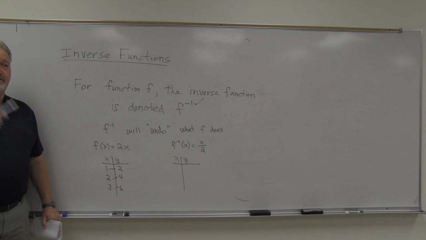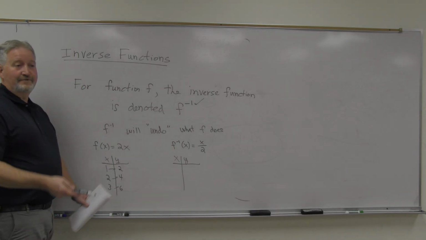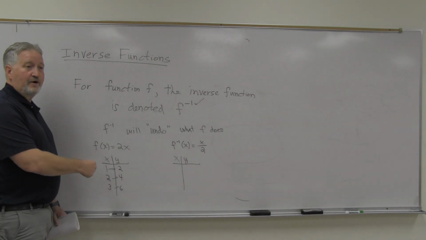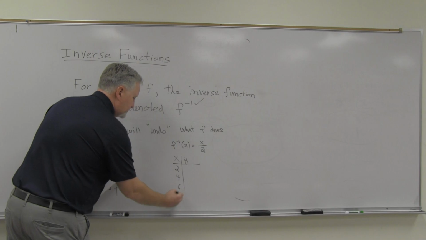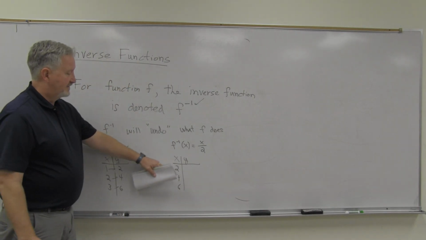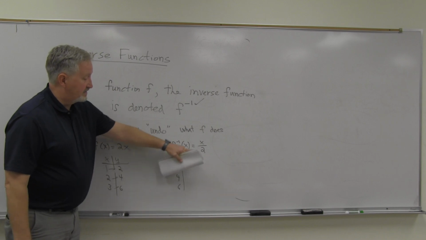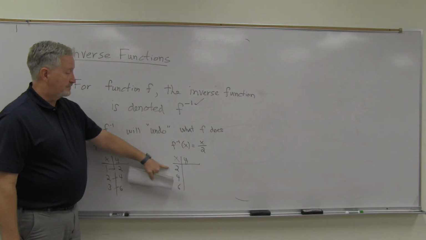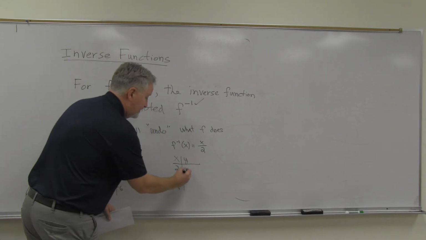So f inverse should undo those. It should take these and undo those, in other words, go back to what we started with. So what do the x's 2, 4, and 6 do over here? Now change the function, so now y is x over 2. What is y when x is 2? Well, 2 over 2 is 1.